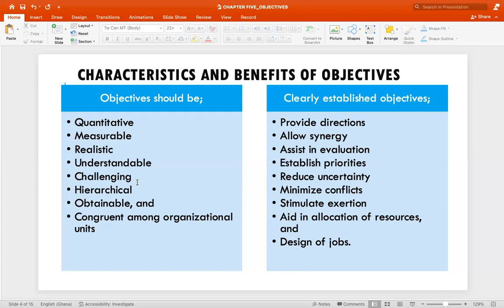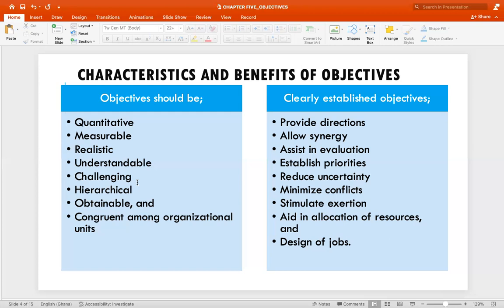As middle level management or employees achieve them, it should help the top level management get the overall vision of the organization achieved. So objectives must be hierarchical and obtainable, almost like realistic. You shouldn't set something that you know you will not be able to achieve.